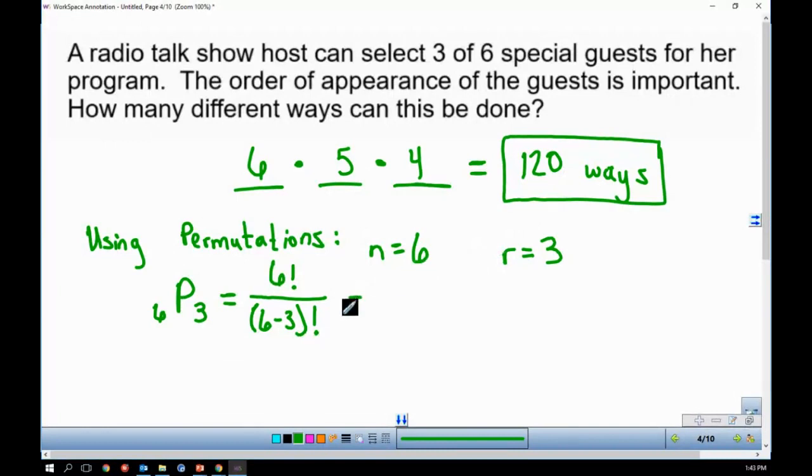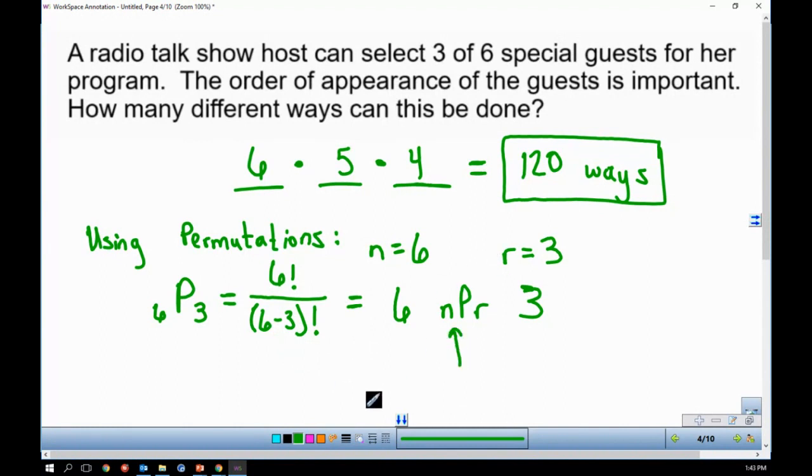So what we can do is you would type 6, and I'm just going to write it, and I'll show you how to get to it, and the 3. So if you did the factorial with this, you're like, wait, that was right above. And you'd be right.